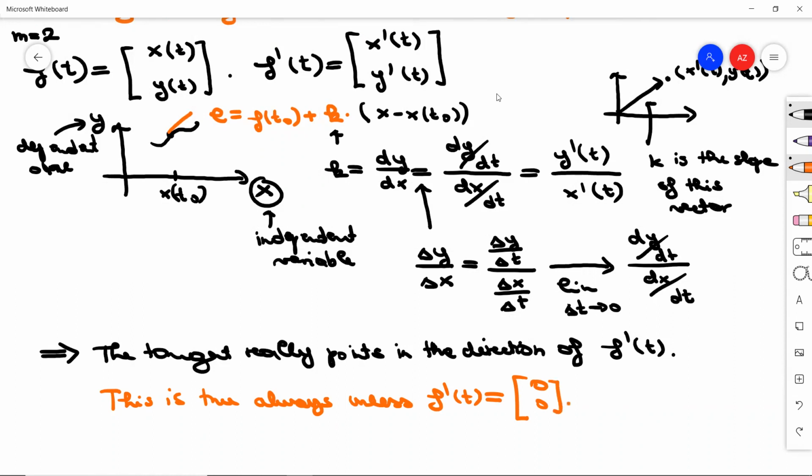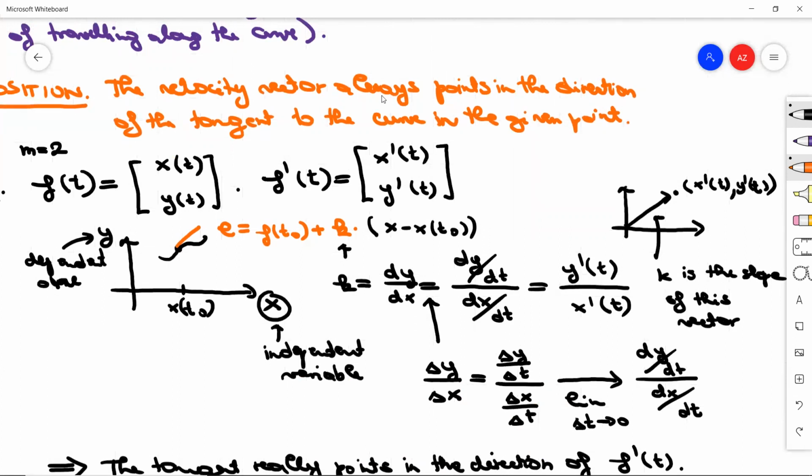So if the derivative is 0, then the tangent could still exist to our curve, but it is not true that the tangent points in the direction of the derivative of f at t, because that would mean that it's k times the derivative of f at t for some coefficient k. But if the tangent is not the 0 vector, then this is not true.